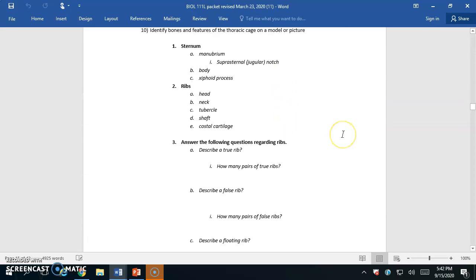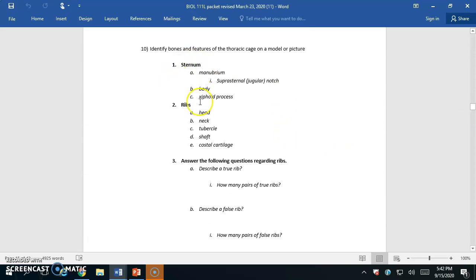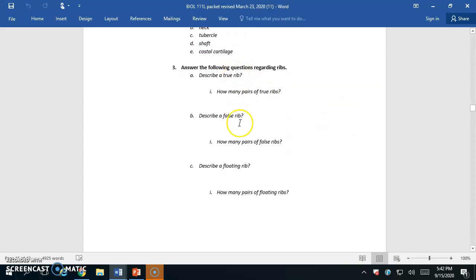And then the last page of our lab packet is over the sternum and the ribs. So again, the sternum and the ribs are the bones, and then you do have structures that we call surface markings that you need to know that are associated with the sternum, and also ones that are associated with the ribs. And when it comes to these questions, that's how they'll be on the exam too.